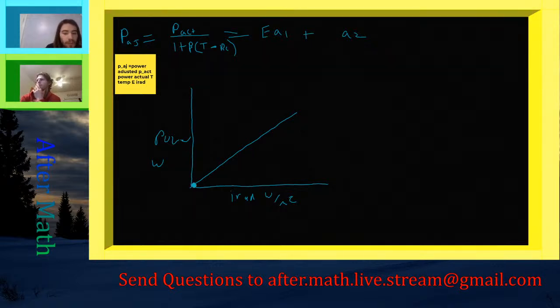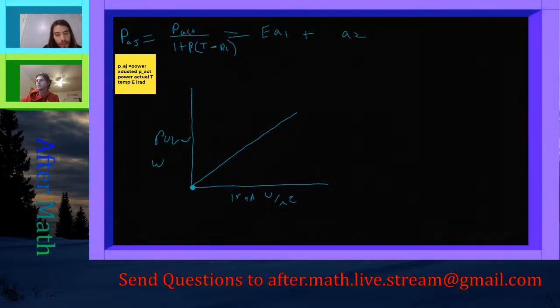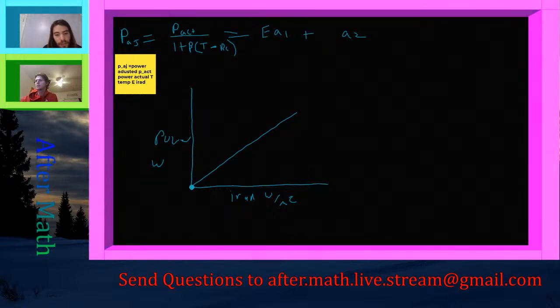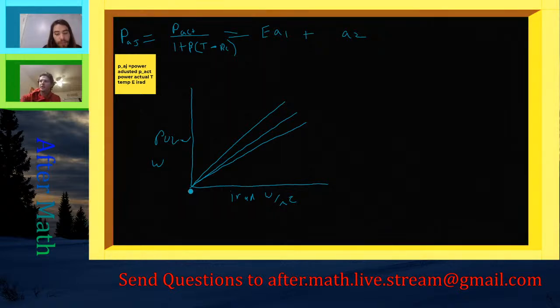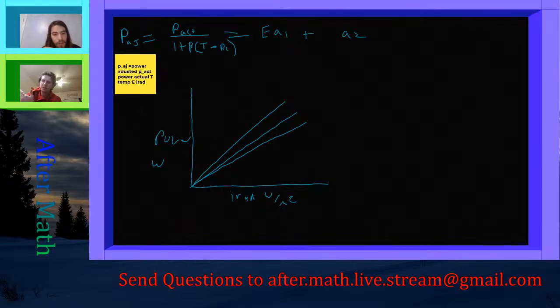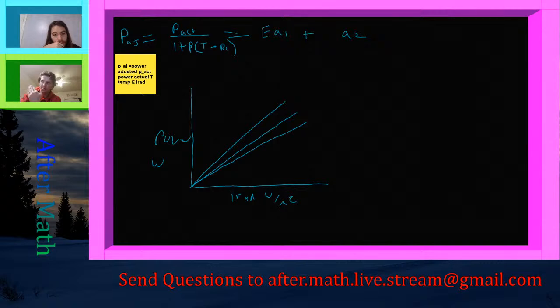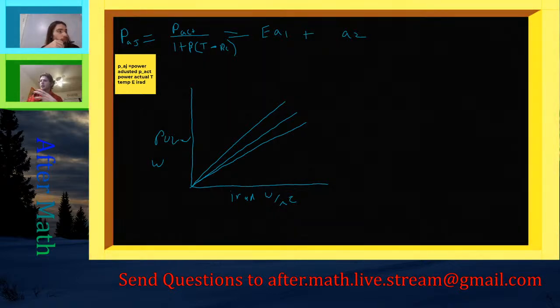But because these solar cells are dependent on temperature as well, the line kind of shifts depending on how hot the solar panels are getting. So if the solar panel gets hotter, you have less power? Yes, they become less efficient.